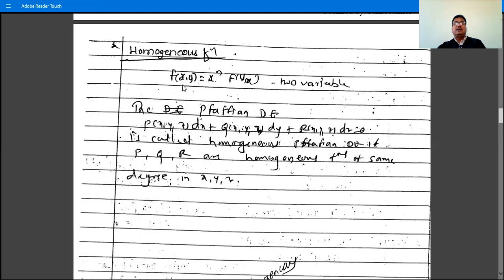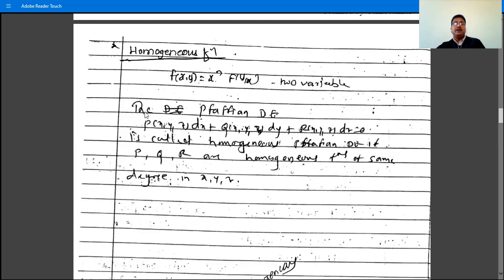Another definition of a homogeneous function is this: if the sum of indices of x, y, z in each term is the same, then we say that the function is a homogeneous function.